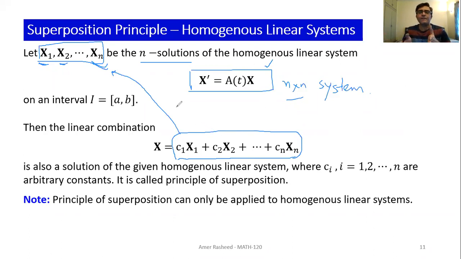If we have a system of n first order linear differential equations, and if it has n different solutions, then their linear combination is also a solution of the given homogeneous linear system.